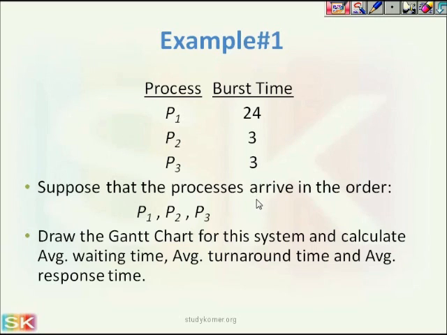Say P1 has arrived at time 0, P2 arrived at time 0.00000001, P3 arrived at 0.000000000001, right? So overall their arrival time is almost 0, but P1 has arrived first, then P2 and then P3. So we know the order, right?